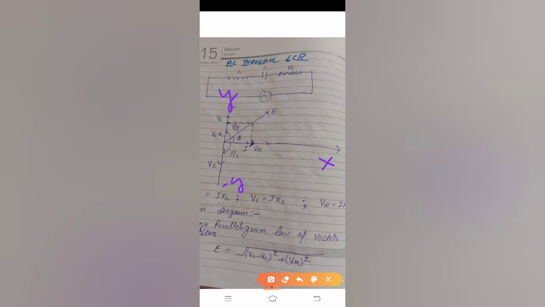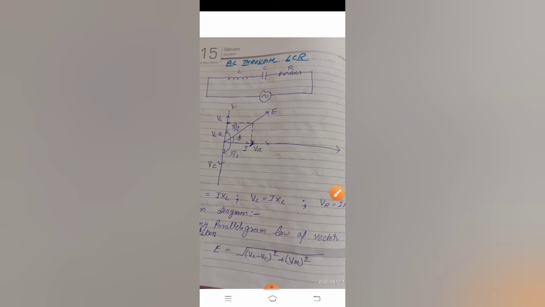I have taken the voltage of the resistor along the x-axis. You know the capacitor is lagging behind by an angle pi by 2, and the EMF of the inductor is leading by an angle pi by 2. So the capacitor we have drawn downward and the inductor in the upward direction.